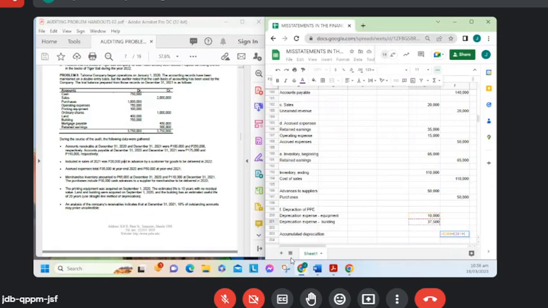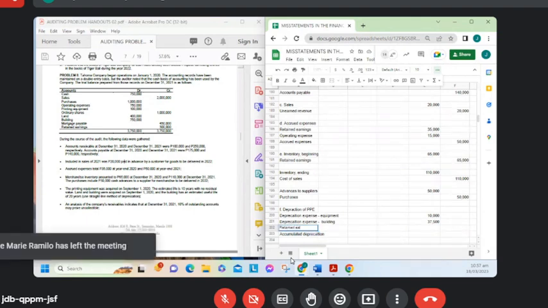So that's times 4 divided by 12 plus this 2. So that's 83,000, tama ba? September, October, November, December, 4 months.